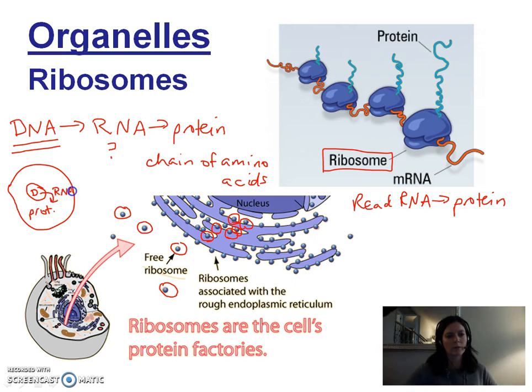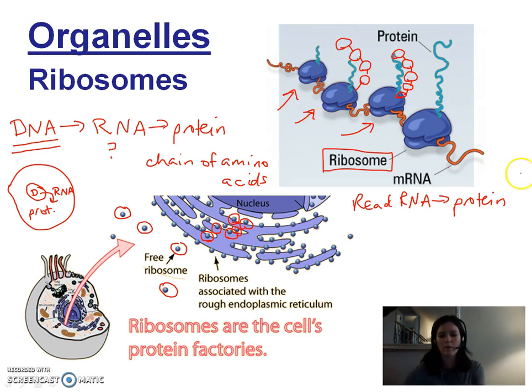The RNA is what's able to move out into the cytoplasm, and here it gets attached to these ribosomes. The ribosomes read that RNA copy, and they start to create a chain of amino acids based on that genetic code that then get folded up to become all the different proteins that we need in our cells. So that's the job of the ribosome.